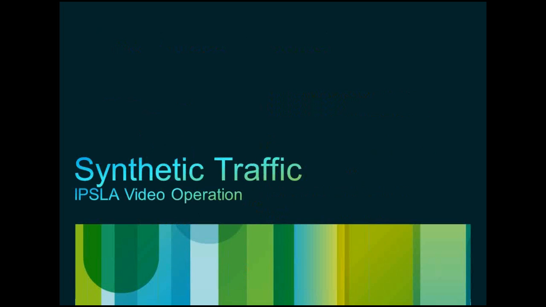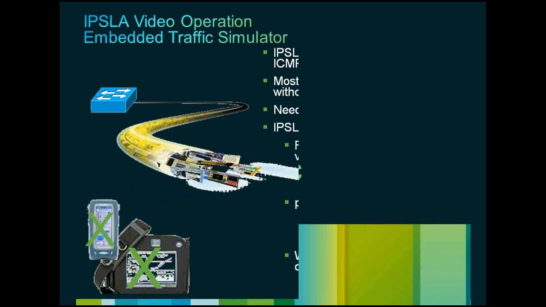Okay, let's talk about synthetic traffic and IP SLA video operation. We talked about Performance Monitor, which helps to collect statistics on the network. Then you have MediaTrace, which is the dynamic way of collecting those statistics while the problem is happening. Now we have IP SLA video operation.